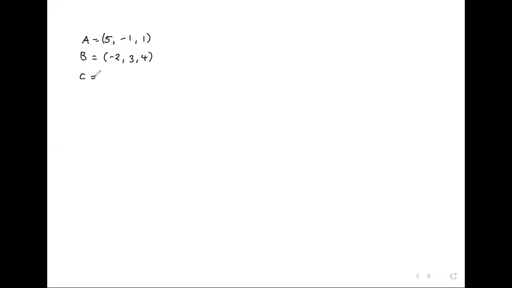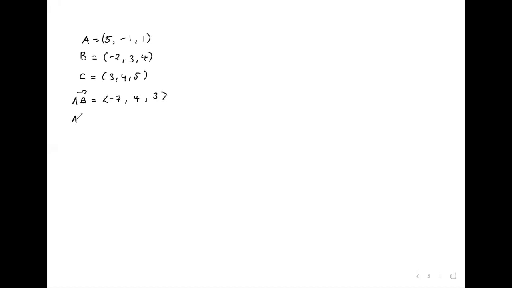You're also given C: 3, 4, 5. Get vector AB, which is negative 7, positive 4, and 3. So that's AB.